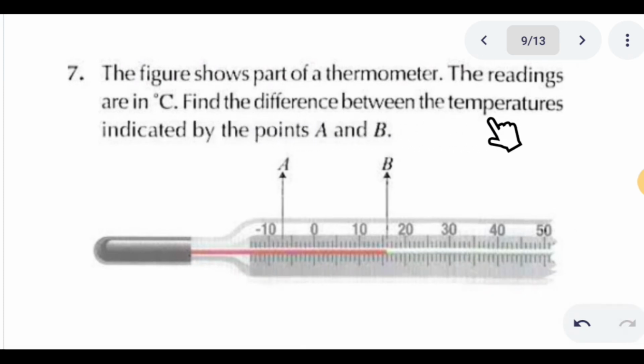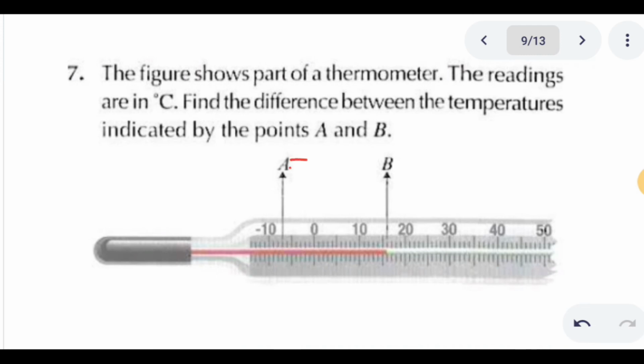Find the difference between the temperature indicated by the points A and B. So we have to first write down the values of these points. At point A, if we notice that each little point or smaller division is showing 1 degree Celsius, so it is 0, and on the left side all the numbers are in minus, so it is minus 5, minus 6 and minus 7.